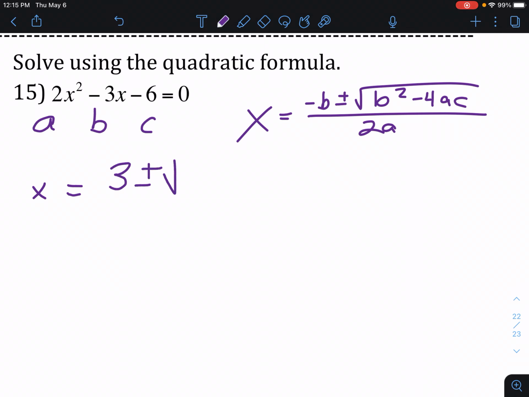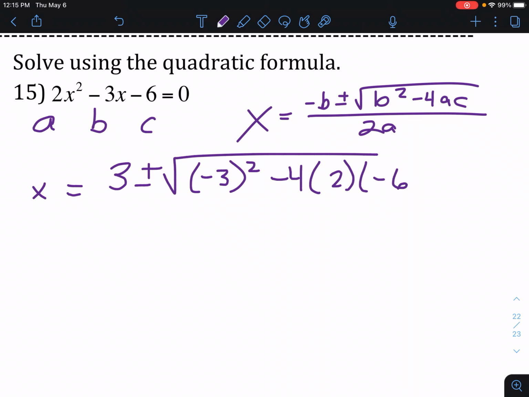So then we have plus minus, and then we have a b squared. So that'll be negative 3 squared. Then minus 4 times a times c. And then divided by 2a, which is 2 times a, so that's 2 times 2.